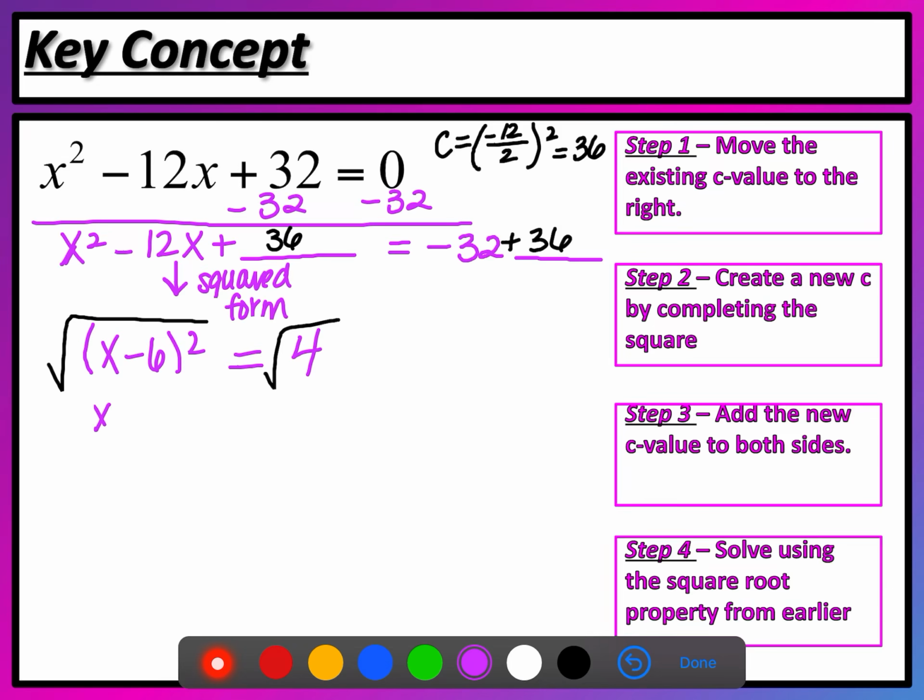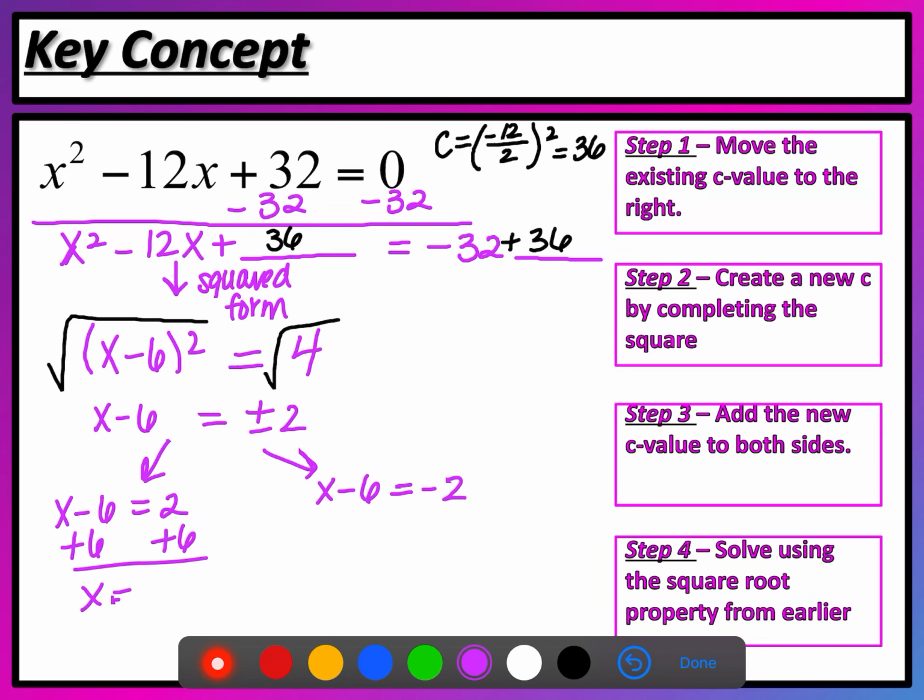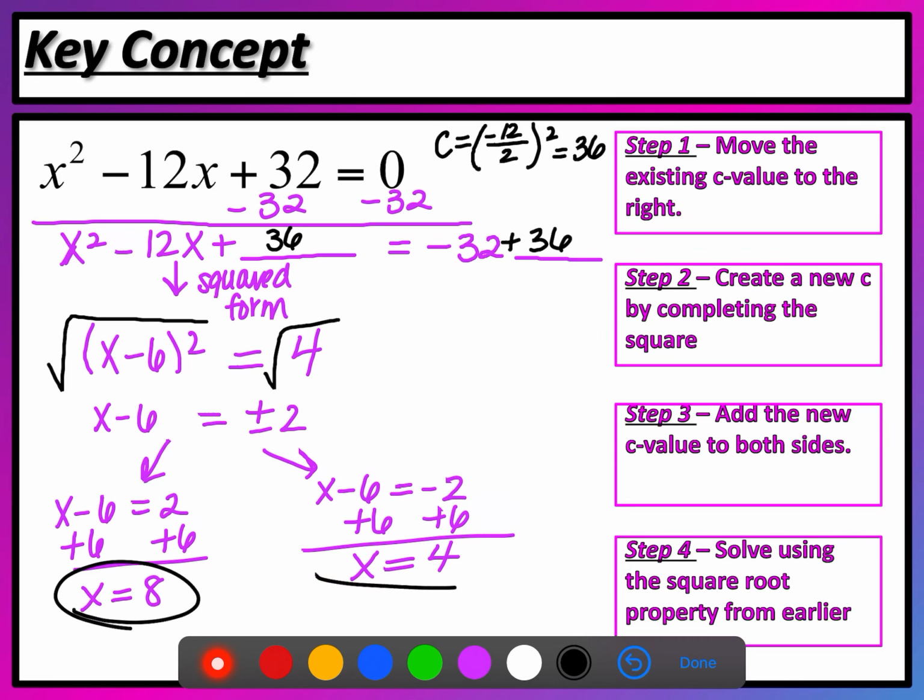And then from here, easy peasy, square root property. And we get our 2 roots. Where does it cross the x-axis? At 8 and 4.